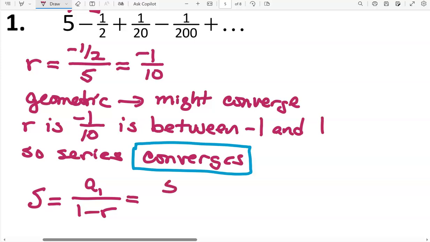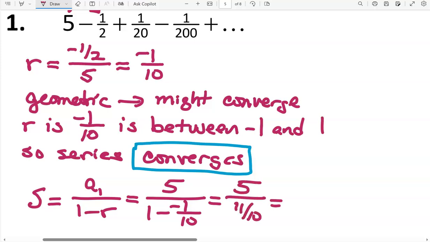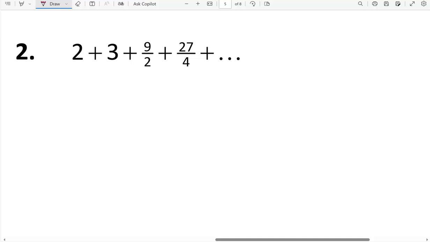And our first term is 5, and the ratio is negative 1/10, so 5 divided by 11/10 is 50/11.